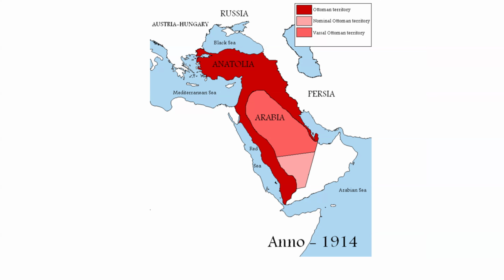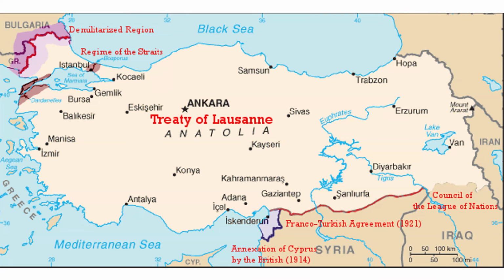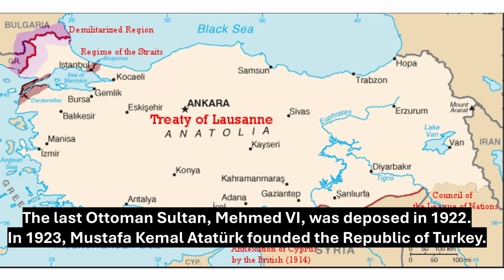And so the Ottoman Empire was greatly reduced to what we would call Turkey today in the Treaty of Lausanne in 1923, after World War I is over. And right about that time, the last Sultan was deposed, and Mustafa Kemal Ataturk founded the Republic of Turkey, and we will see statues to Ataturk.